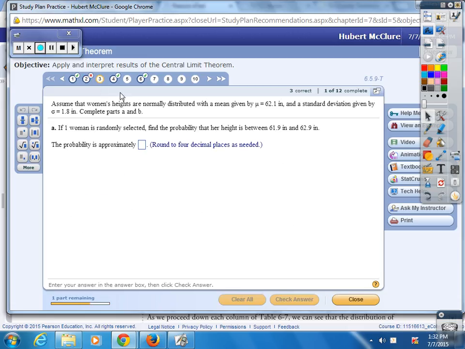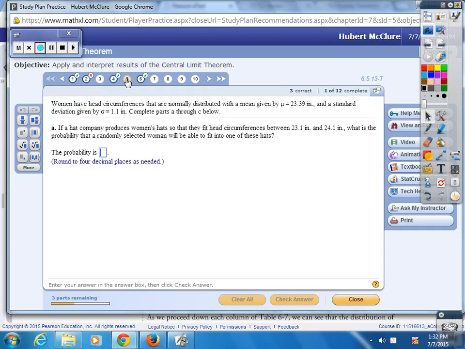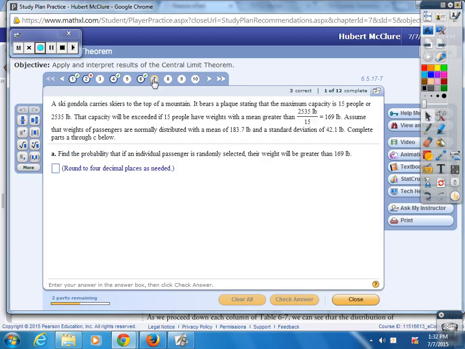Let's do one more just so y'all can go home and feel bad. All right, try this one. A ski gondola carries skiers to the top of a mountain. I always thought it was called a ski lift, but evidently that's not sophisticated enough, so you got to call it a gondola.